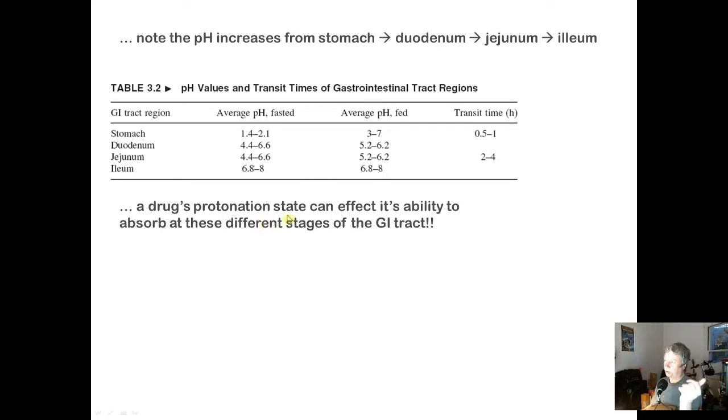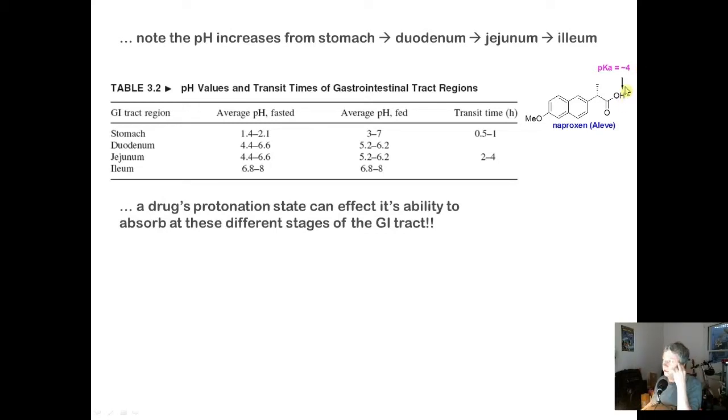A drug's protonation state can affect its ability to absorb, because the drug has to be neutral to pass over a membrane, and these all contain membranes that would need to be passed for a drug to be absorbed. So for example, naproxen has a carboxylic acid with a pKa of about 4.